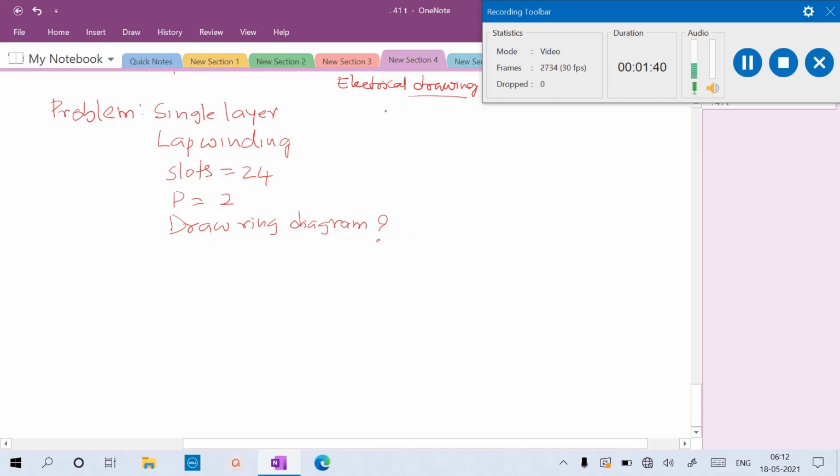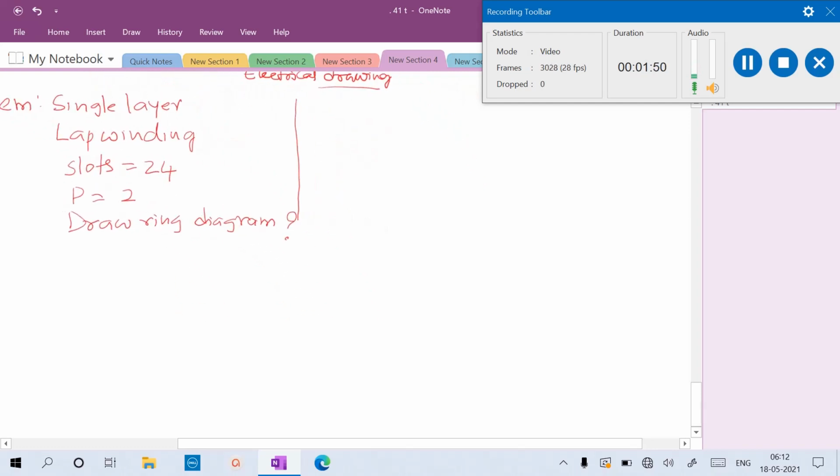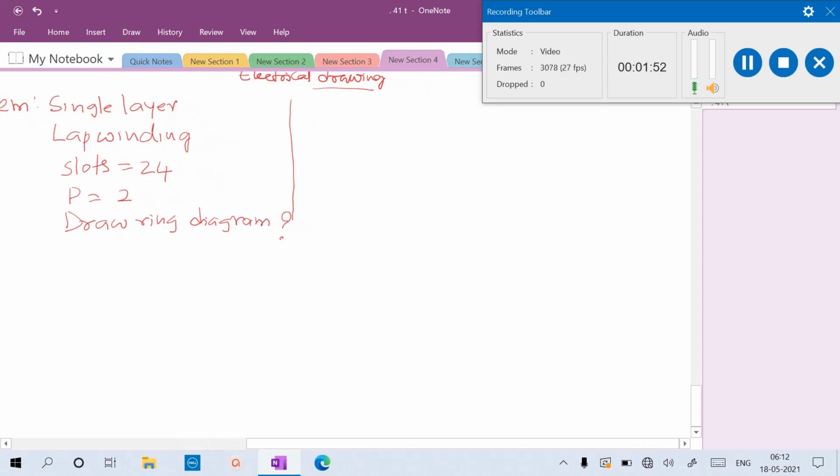Okay, so for any winding diagram in electrical engineering, first prepare some simple calculations.